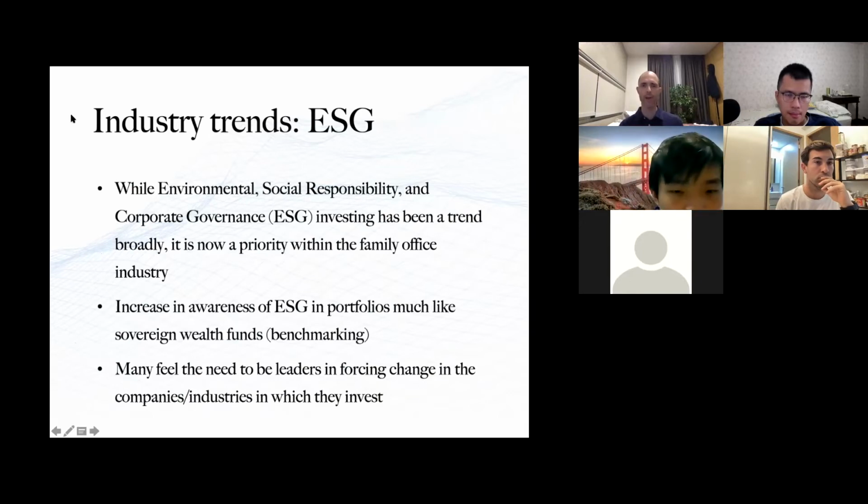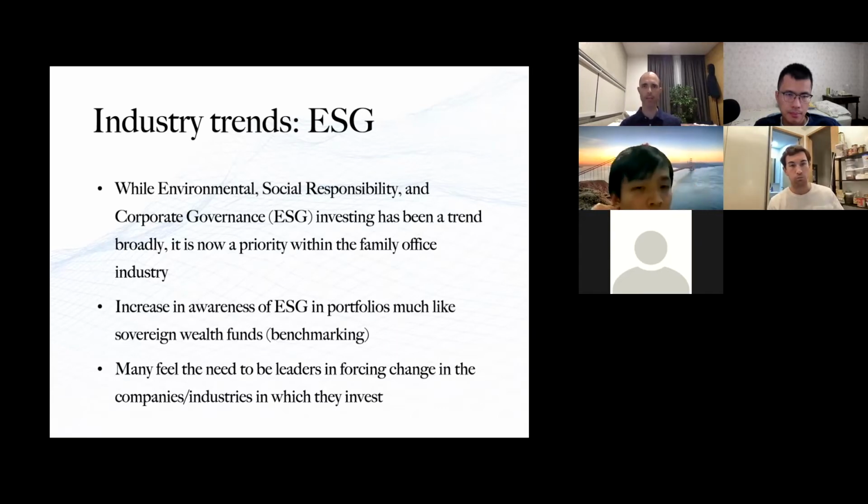So environmental, social responsibility, and corporate governance, ESG, that's generally a trend that's been present in the mainstream investment world. Hedge funds are involved in that. A lot of retirement funds, pension funds, are requiring their asset managers to invest in ESG funds to be more sustainable over a longer period of time.